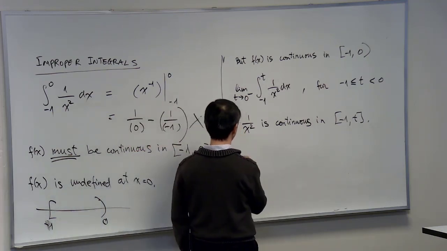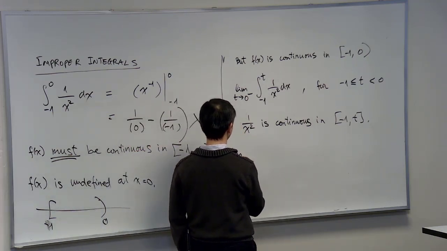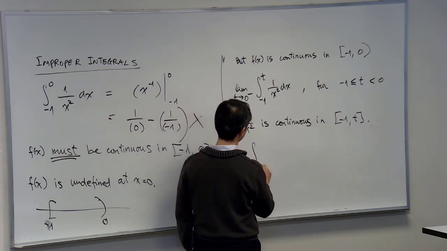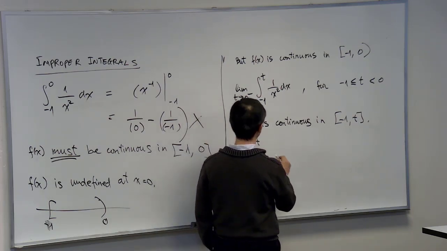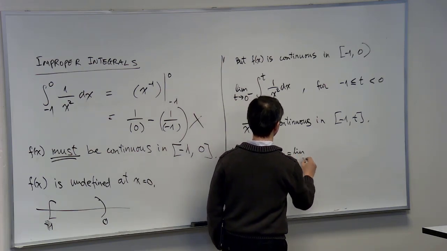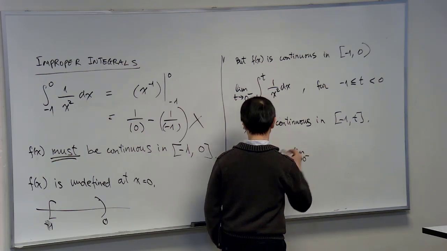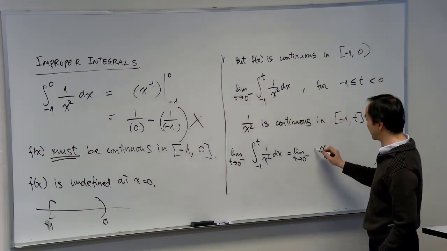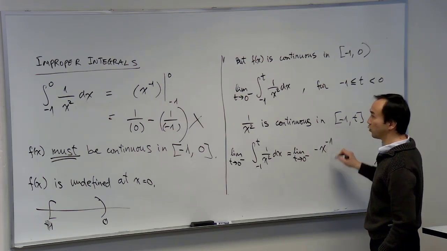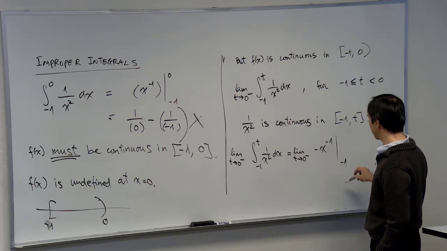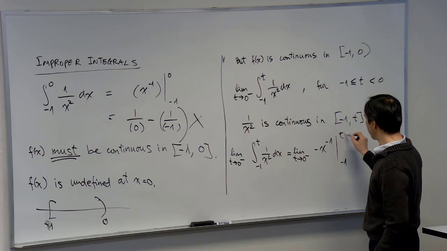We take the limit as t goes to 0 from the left-hand side of the integral from -1 to t of 1 over x squared dx. That becomes the limit as t goes to 0 from the left of minus x to the minus 1, evaluated from -1 to t.